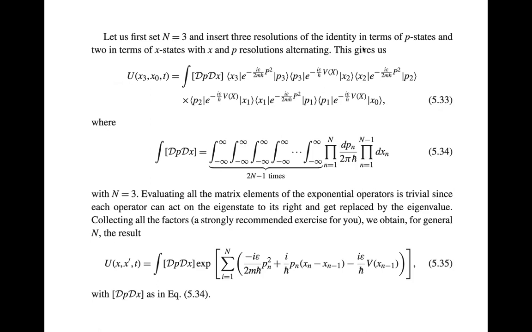So this gives us that we insert both the position and the momentum. You act the exponential of the potential energy on the x, because this capital X is an operator. It acts on the eigenstate x, so this becomes a c-number, you can pull it out.